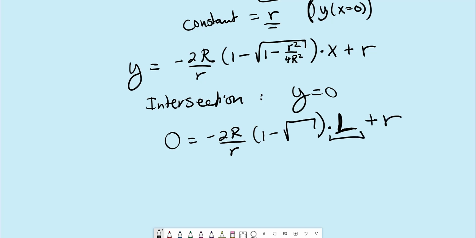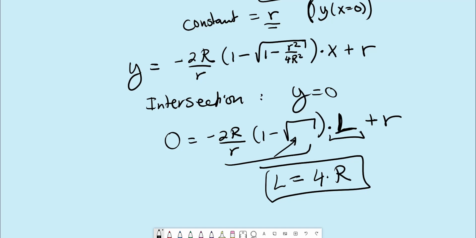Then we can solve for L using the values that we have here, and we will end up with the same type of limit, the same problem, where we can't separate the two parts of a function and look at the separate limits. We actually have to simplify the function so we get to a point where we can take the limit, and you'll see that you will get basically the same value, that L equals 4 times R for any uppercase R.